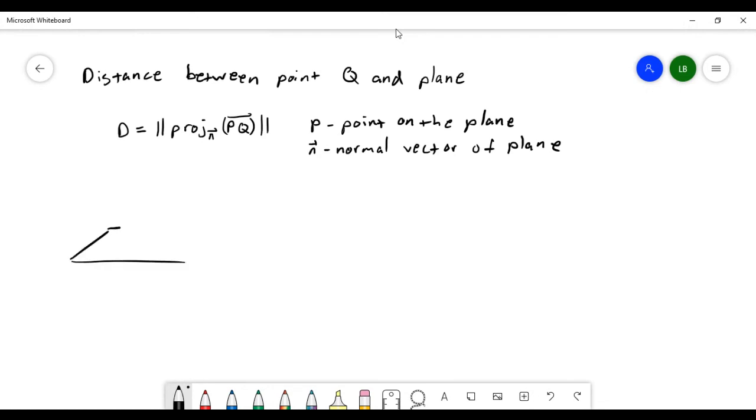Let's say you've got a plane, and you have some point Q. Well, you can find just a generic point on the plane, P. This distance d would be the distance between point P and point Q, or in other words, the magnitude of PQ times the sine of this angle.